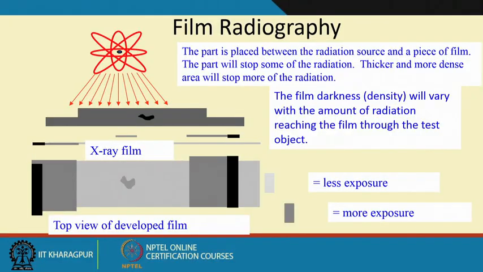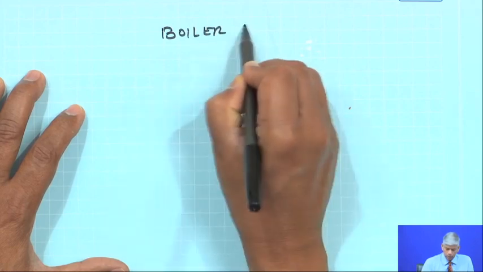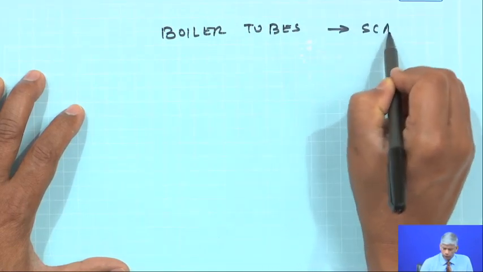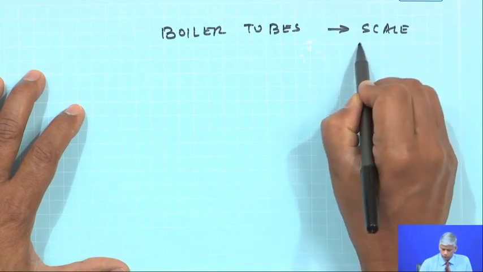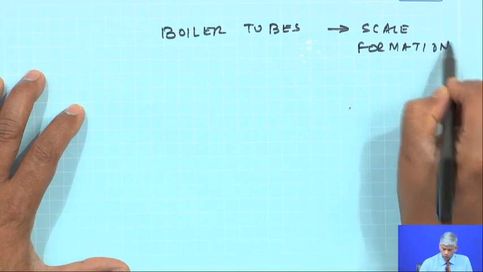So, of course, this in an industrial scenario is very time consuming, and nevertheless, particularly in boiler tubes, there is a lot of scale formation, as you know. Okay.